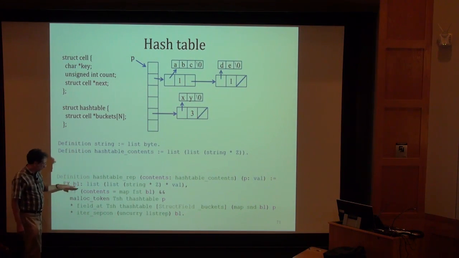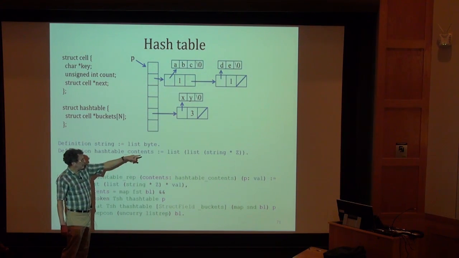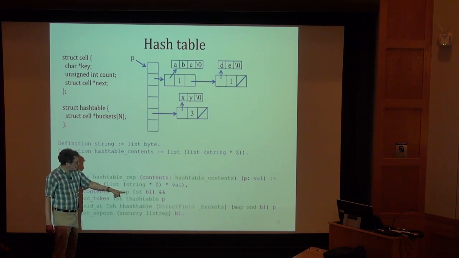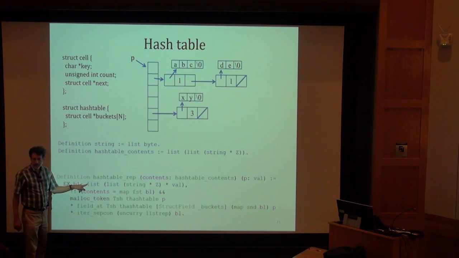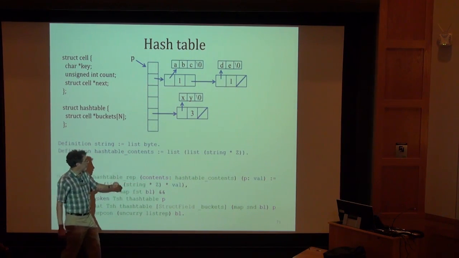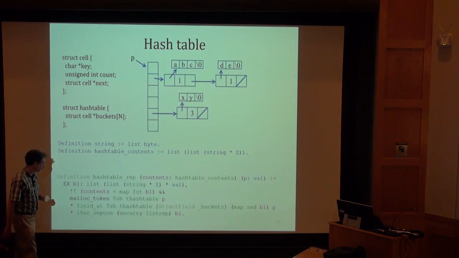And then we want to enforce that the contents that we're supposed to be representing, this list of string cross Z, is the same as taking the first element of every element of this list. So to match up this string cross Z list with that string cross Z list at each bucket.